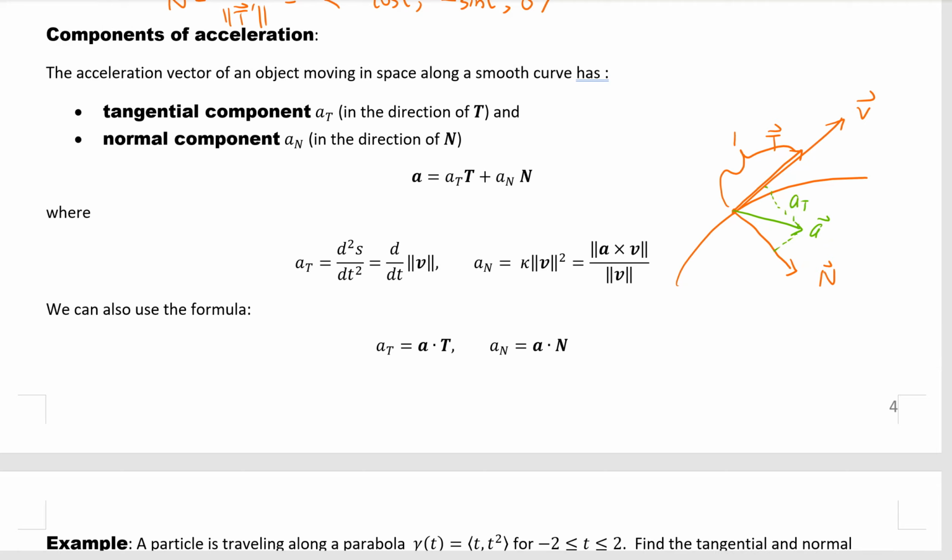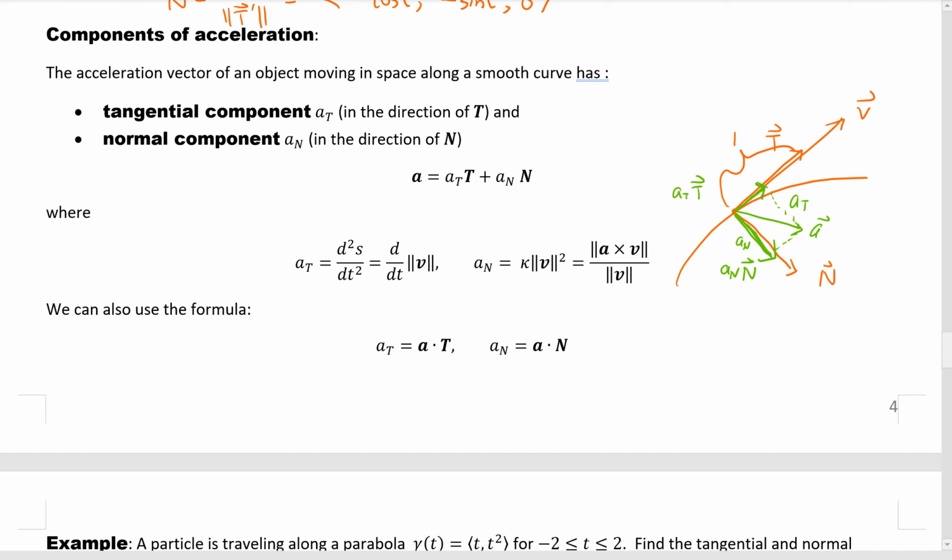A_T is a number, so this component is actually A_T times T. A vector has magnitude and direction, so it's in the direction of the unit tangent vector, and the magnitude is A_T. And the other component is A_N, the magnitude, so A_N times N is a vector in the direction of the principal unit normal vector.